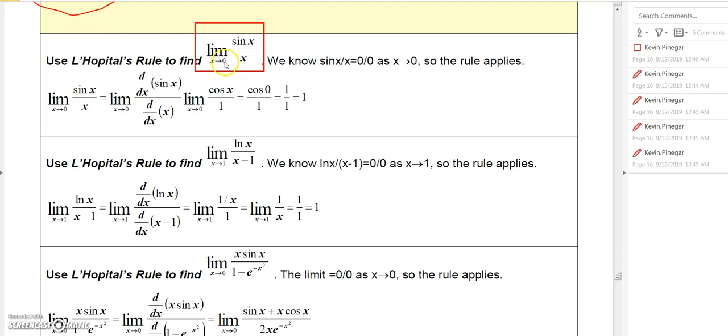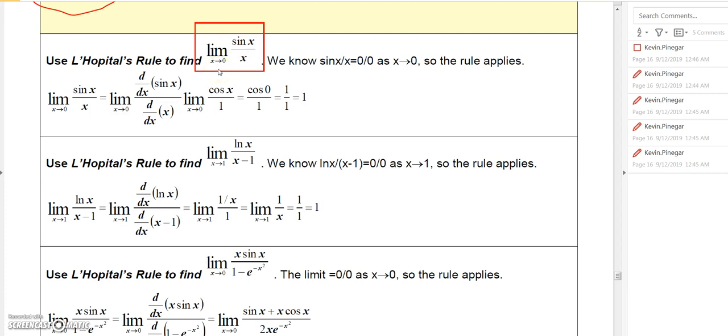This is an important limit. It's proved in calculus that the limit of sine x over x is 1 as x approaches 0. But that proof is a long-winded geometric proof. If you have L'Hopital's rule, it's pretty simple to show what the limit is.